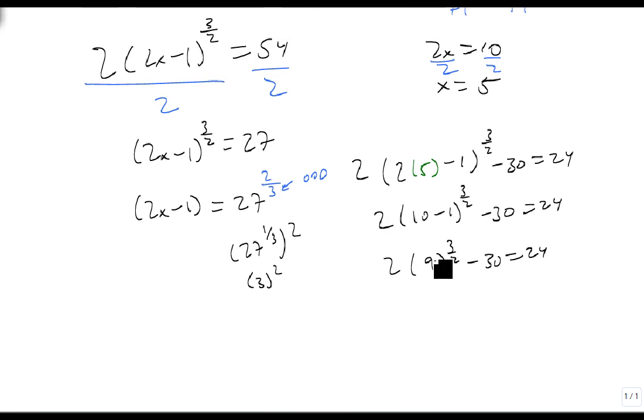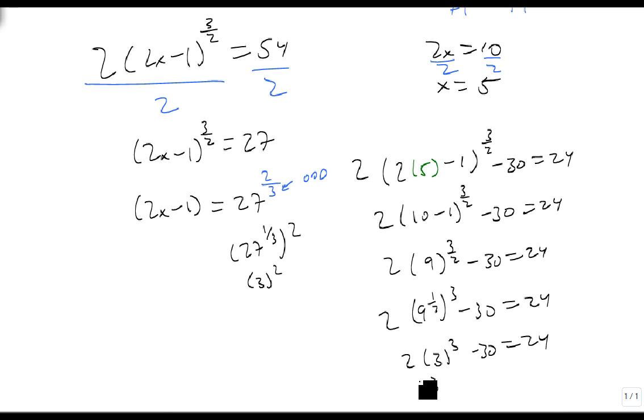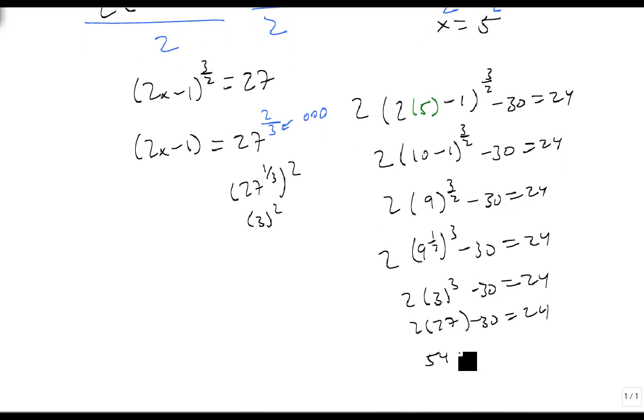Well, the square root of 9, 9 to the 1/2, is 3. 3 cubed is 27, so 2 times 27 minus 30 equals 24. 2 times 27 is 54. 54 minus 30, sure enough, is 24. So our answer of 5 works just fine for this problem.